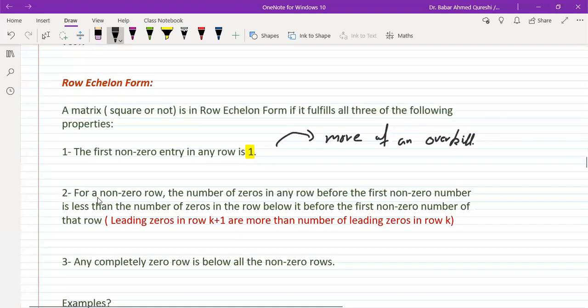And the second property, which is the most important one, is that for a non-zero row, the number of zeros in any row before the first non-zero number, so you have a leading number, you have leading zeros. So for example, in a row, you can have 0, 0, 0, and then 1. So you started with 3 zeros. So any row below it should have more zeros to start with than this row. So leading zeros in row k plus 1 are more than the number of leading zeros in row k.